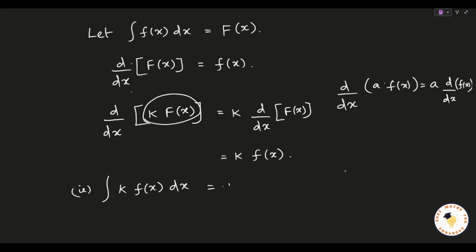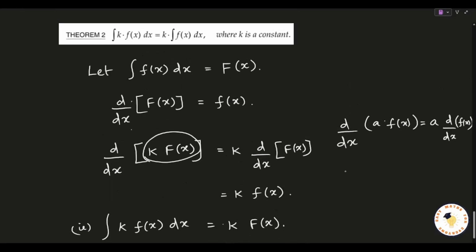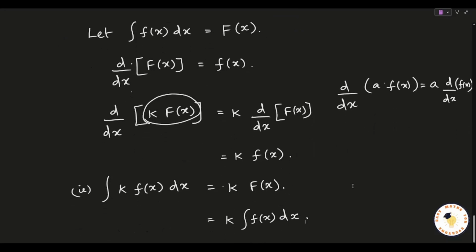I mean k times capital F of x. And you know that capital F of x is integral f of x dx. So this can be further written as k into integral f of x dx. So we have proved that integral k times f of x dx equal to k times integral f of x dx, where k is a constant.